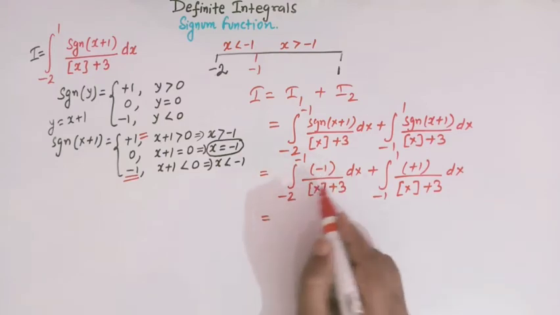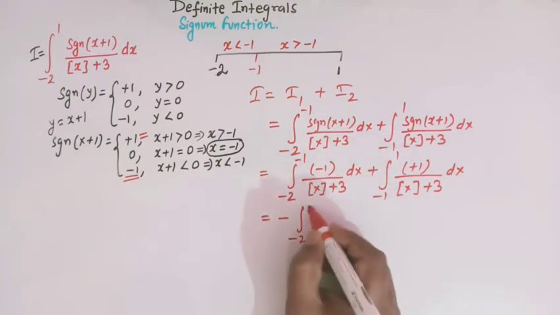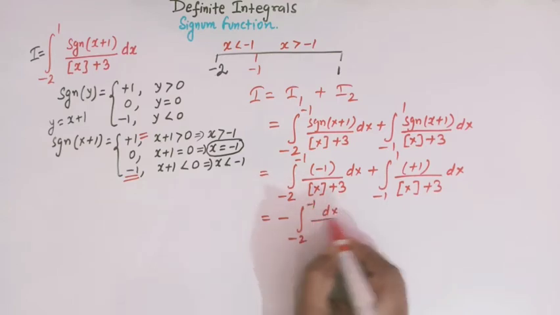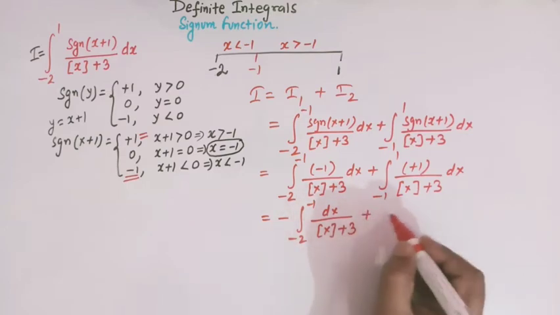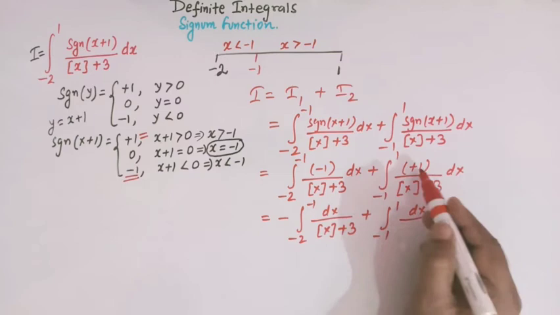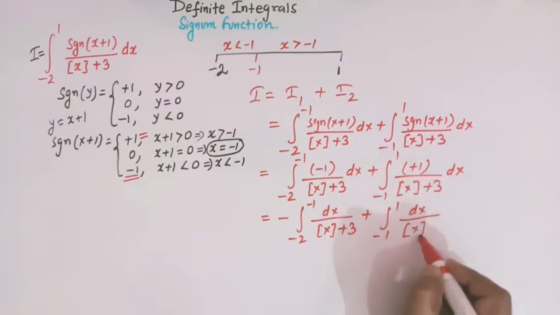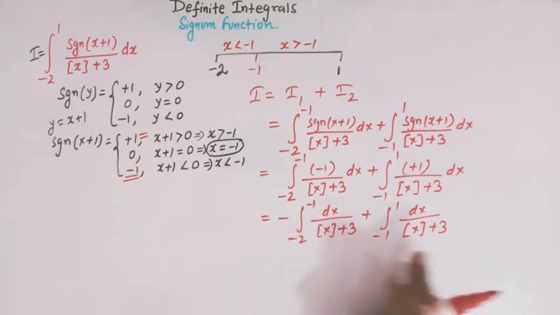So now we can rewrite these two integrals as the integral from minus 2 to minus 1 of dx over greatest integer x plus 3, and here we have the integral from minus 1 to 1 of dx over greatest integer x plus 3, right? So now we have to solve these two integrals.